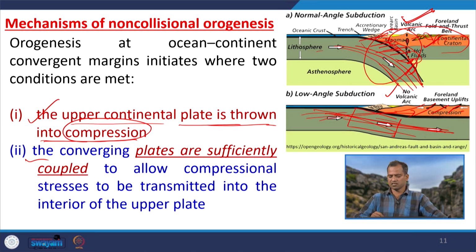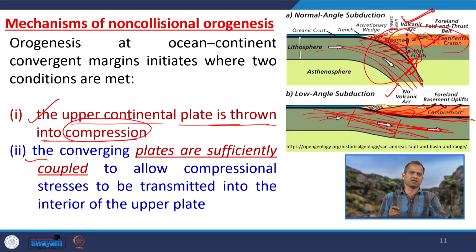However, in the second figure, the angle is less, so the degree of coupling is more. You can see the degree of coupling here is very low, and here the degree of coupling is very high. So, due to this high degree of coupling, the stress can transfer from the underthrusting plate to the overriding plate. As a result, deformation occurs in the overriding plate and the mountain building activities start.